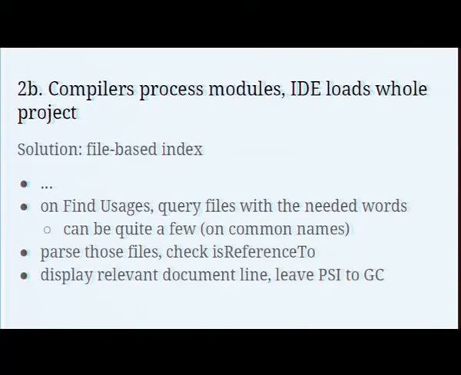And the word name is really, really frequent. So, yeah, don't name your methods add, or you will spend a lot of time doing find usages. We have some optimizations by using the compiled class files if they are up to date, but if they are not, then we are out of luck.